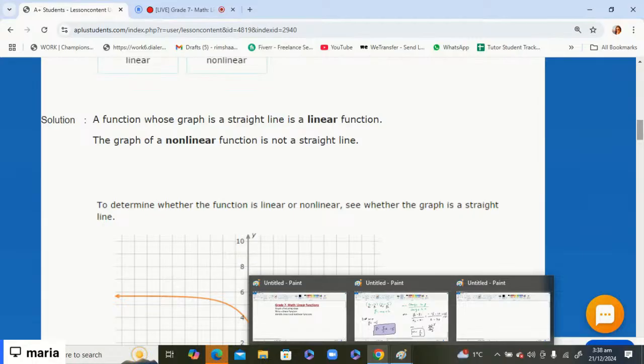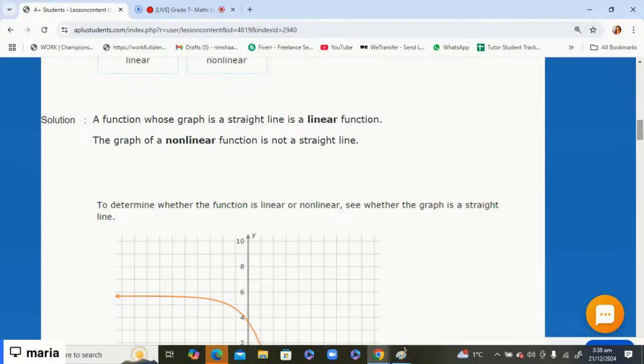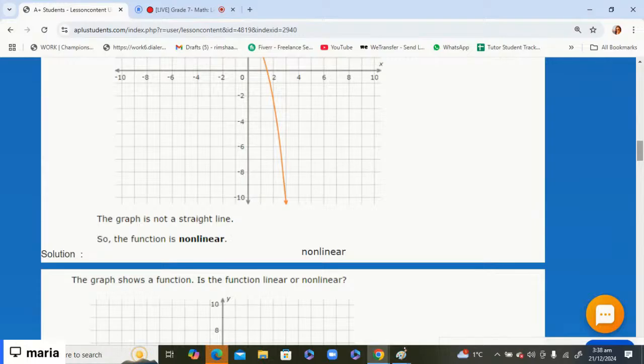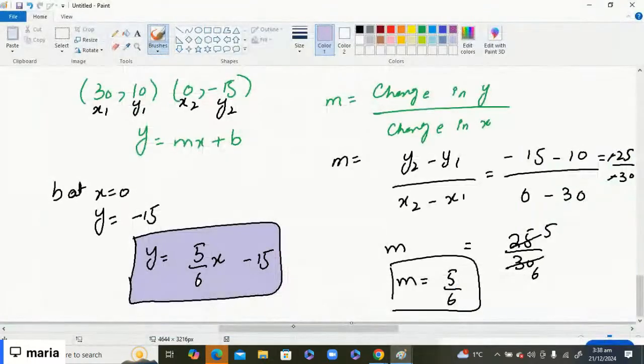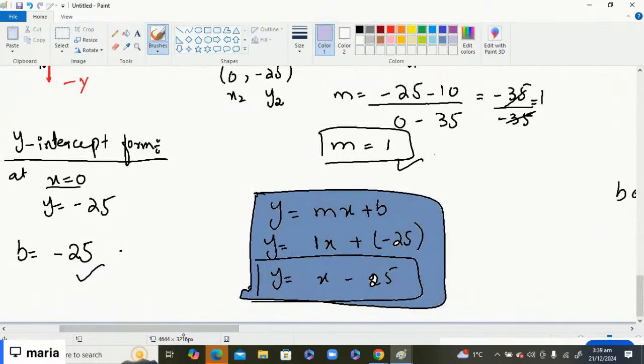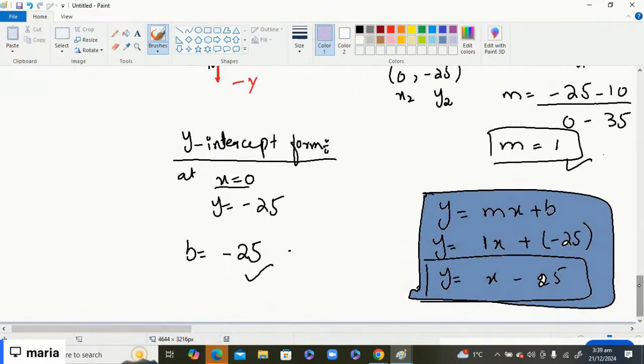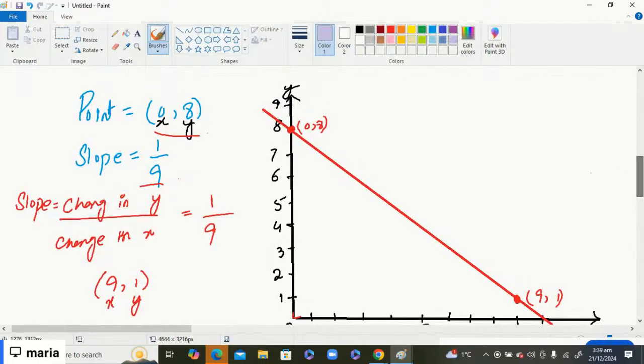Okay. So look at here. In this one, does this graph show a straight line? No, it's not showing any kind of straight line. For example, we are doing a lot of questions here related to the graphs. Look at this graph. Is this a linear function? Yes, this graph shows the linear function.